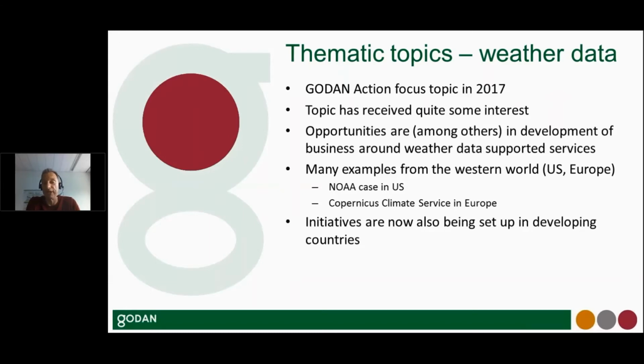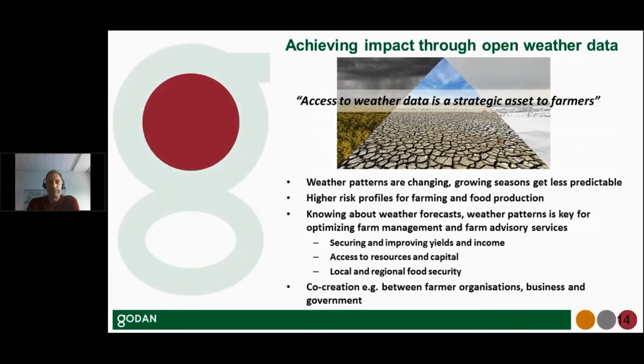But apart from that, there are a lot of funders that currently fund initiatives in developing countries which include somehow weather data. Yeah, of course, it's clear that weather data is a strategic asset to farmers. Of course, weather data, weather patterns are currently changing. And we can already see that growing seasons get less predictable, so it's getting harder for farmers to rely on their experience from the past, maybe.